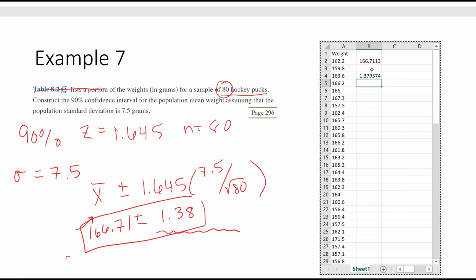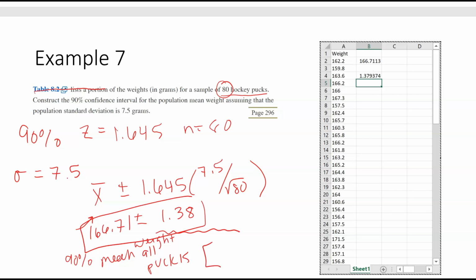We can say that we're 90% confident that the population mean of all hockey puck weights, the mean weight of all hockey pucks, and then we'll do that same thing.